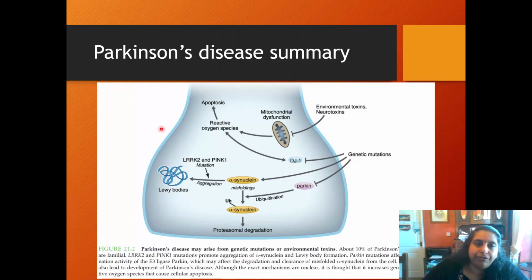The reason I want to say that is that both the Alzheimer's disease summary and the Parkinson's disease summary are very general and might not be exactly what is happening in patients, because this is an area of intense study right now, and Parkinson's disease is something that I'm studying in particular.